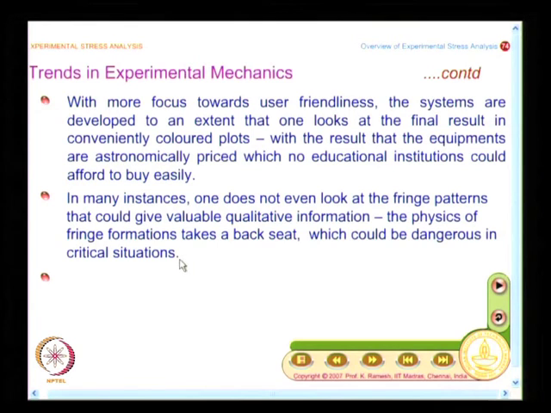A similar thing happened in the development of numerical techniques also. Once finite element got stabilized, what they found was that now we have very good software which can do all problems. So, no engineers are required; science graduates who know how to run the computer program are sufficient, and that way the industries can bring down the cost of analysis.